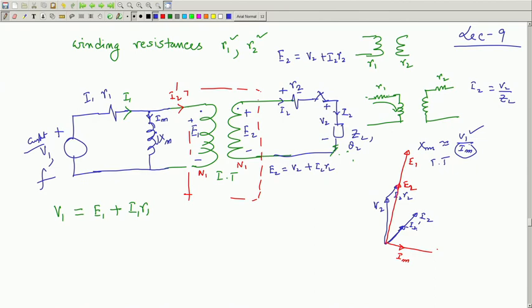So, the current drawn from the source will be this plus this, which is your I1. Use this one, E1 plus I1R1, whatever it is, parallel to this I1R1, and you get your V1.